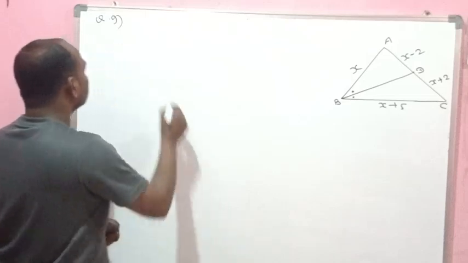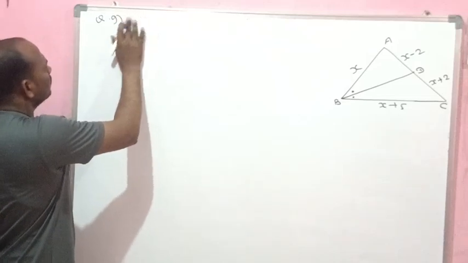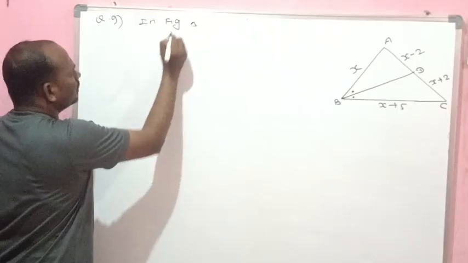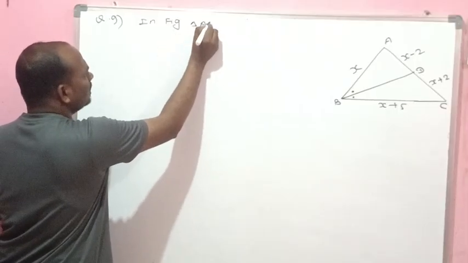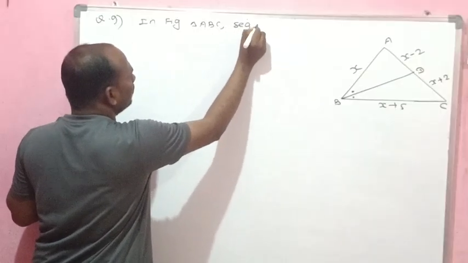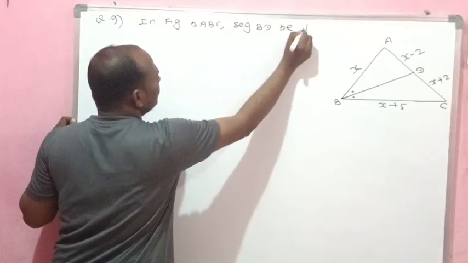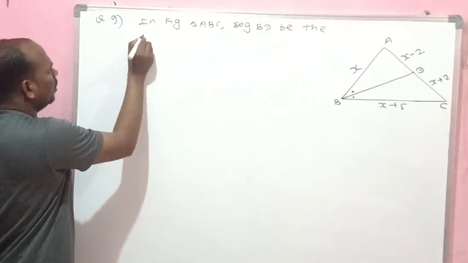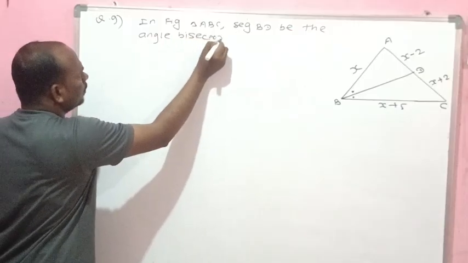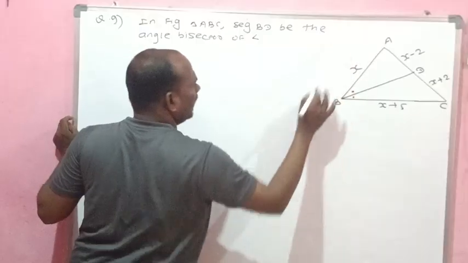Then in the figure, triangle ABC, BD is the angle bisector of angle ABC.